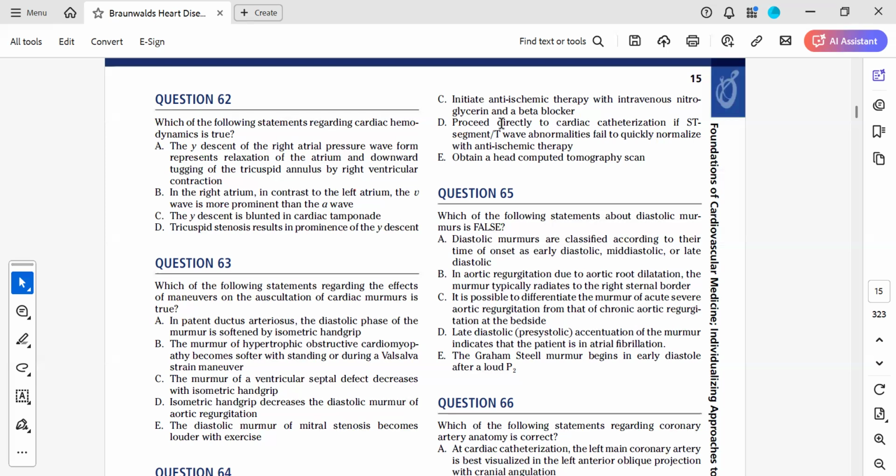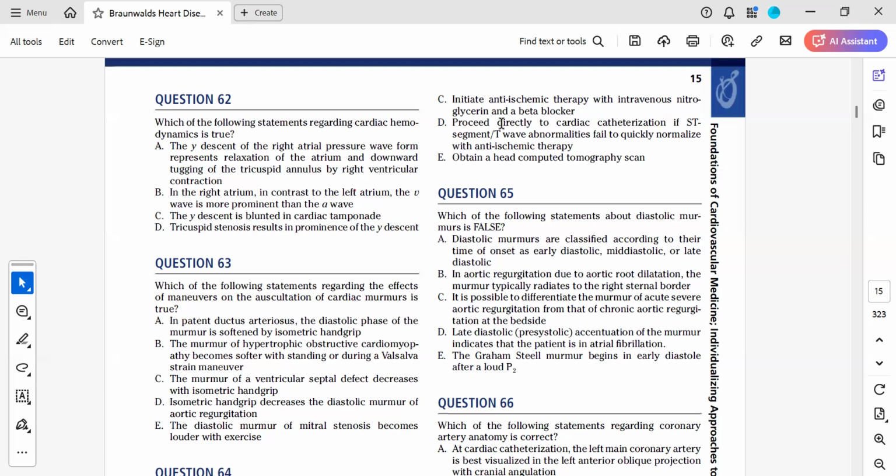Option C says it is possible to differentiate the murmur of acute severe aortic regurgitation from that of chronic aortic regurgitation at the bedside. This is true. For acute severe aortic regurgitation, the murmur is usually shorter and softer.